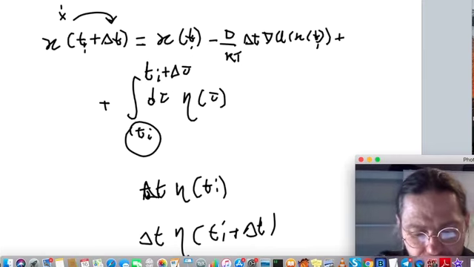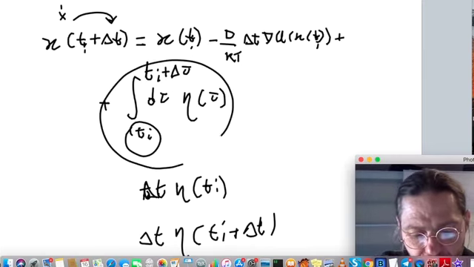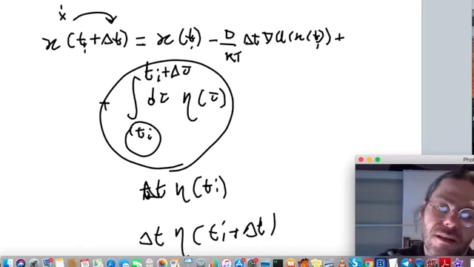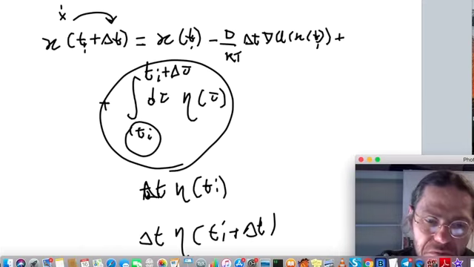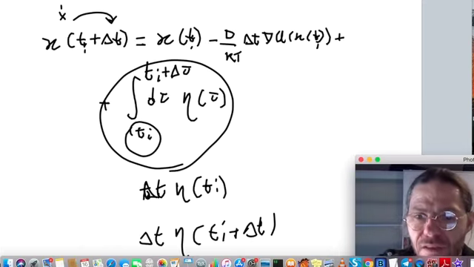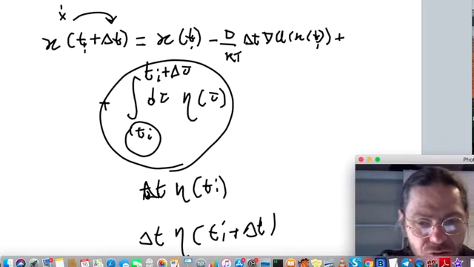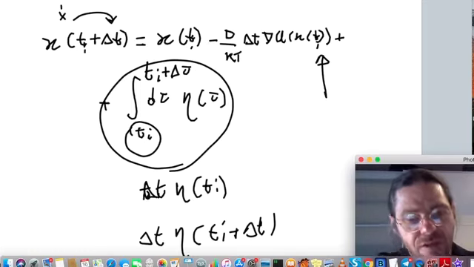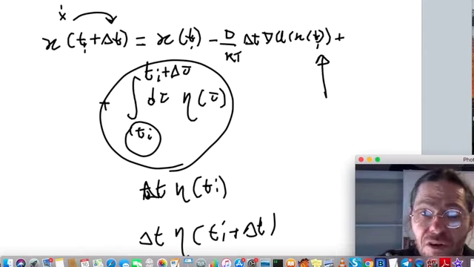That's my convention, if you want, on how I define this integral. Now, when I take the limit, there's no difference at all, because they all give the same mathematical object. It's called the velocity.